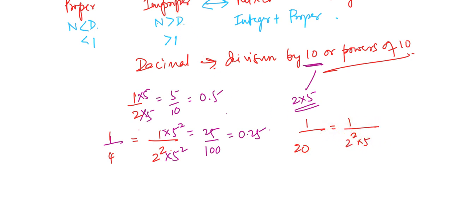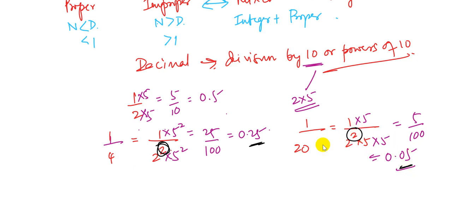So I need one more 5 down there and I multiply with 5. This becomes 5 by 100, which is 0.05. This is the logic of terminating decimal. So if my denominator contains only 2 or 5, then it will be terminating, right. And the number of digits after the decimal will depend on the power of 2 and 5.